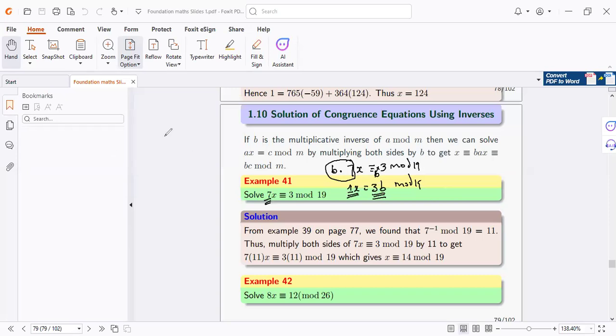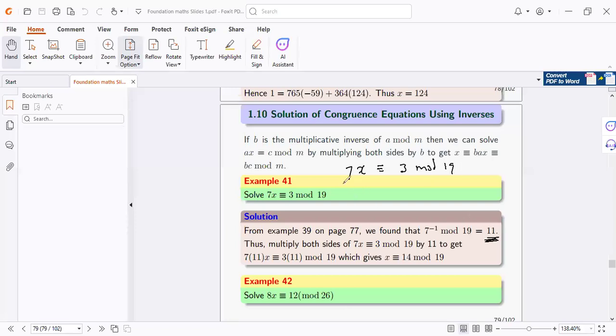We've already found the inverse of 7 in our previous example, the first example we did, which gave us 11. 11 was the inverse. So once you have that, then you take 7x congruent to 3 mod 19.